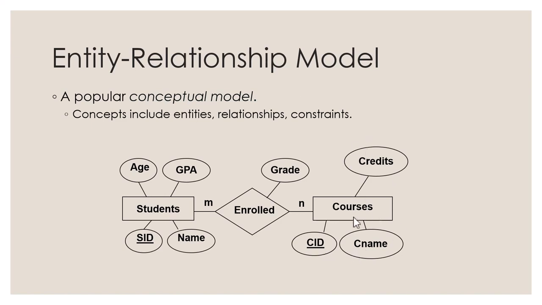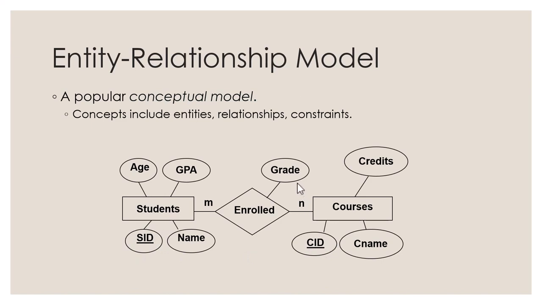These attributes are related to courses. Notice that CID is underlined, and over here the student ID is underlined. This means it is the key attribute, meaning no two students will have the same SID. It's going to be unique.